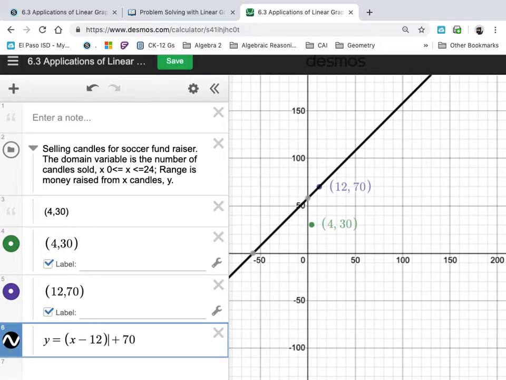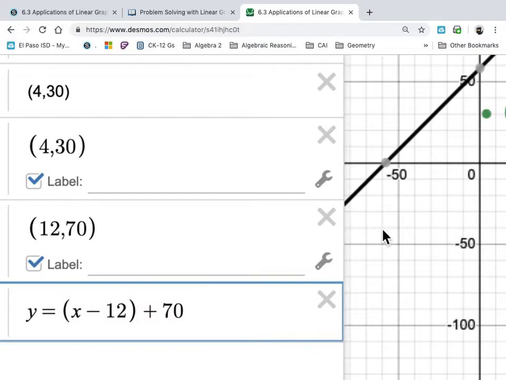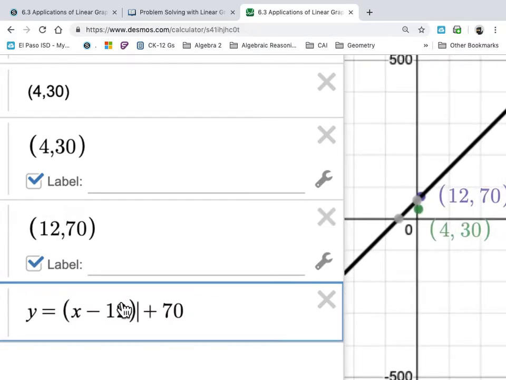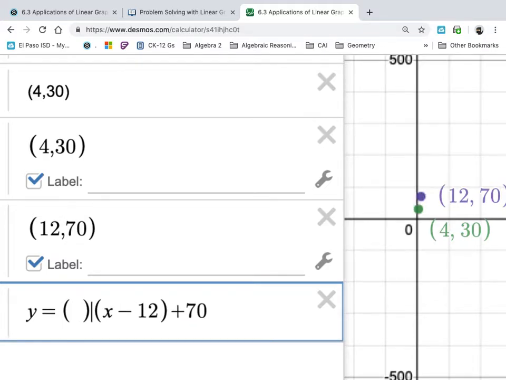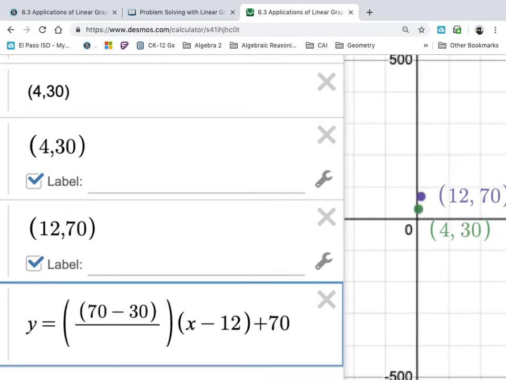What's the change in y? Jeremy? Bob? What's the change in y? I went from $30 to $70. What's the change? How many dollars is that? Let's take a look. What's 70 minus 30? If you don't know, put parentheses, put 70 minus 30, and divide that by 12 minus 4.